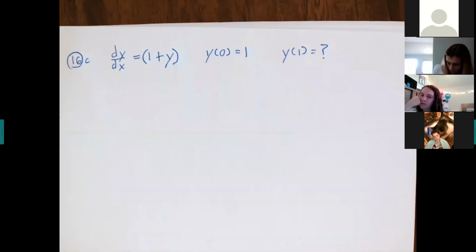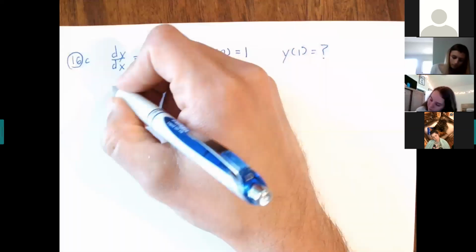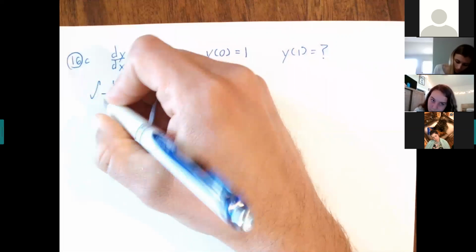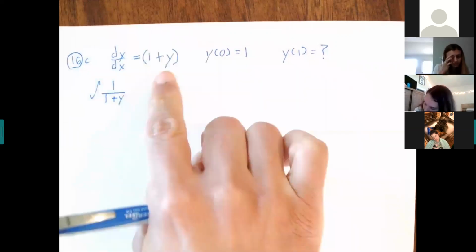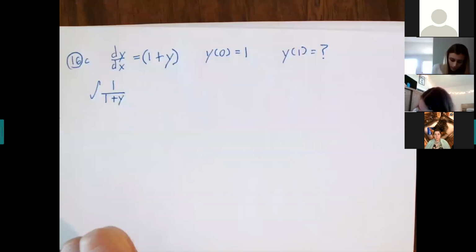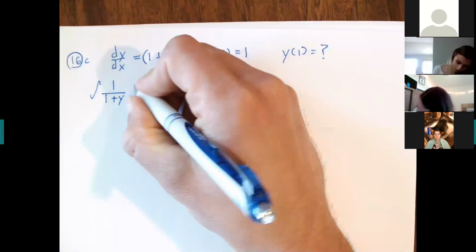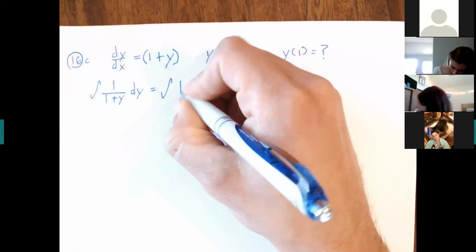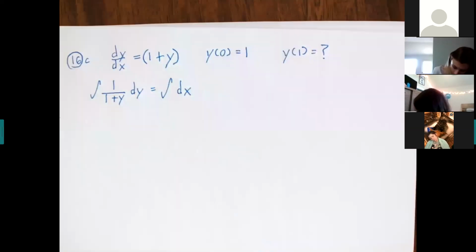All right, so now we're gonna write this as the integral of 1 over 1 plus y. So notice that I divided everything, okay? dy is equal to the integral of just dx, because I don't really have anything else on this side. Are you with me? So that's kind of the weird part. I can't separate the 1 and the y.